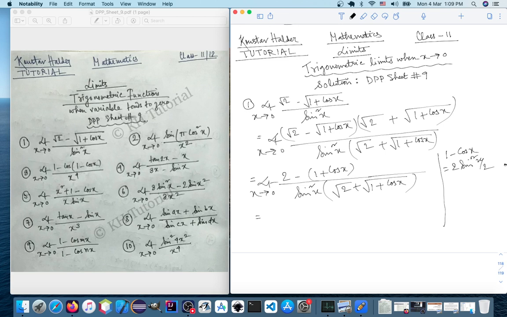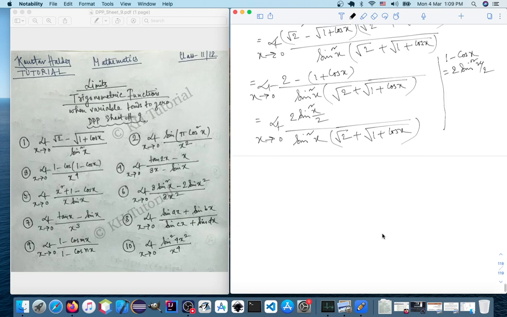in the denominator. So this becomes limit x tends to 0, 2 sine square x by 2, and we have sine square x and root 2 plus 1 plus cos x.